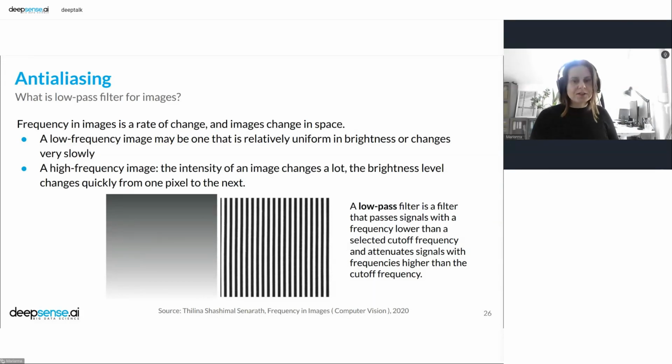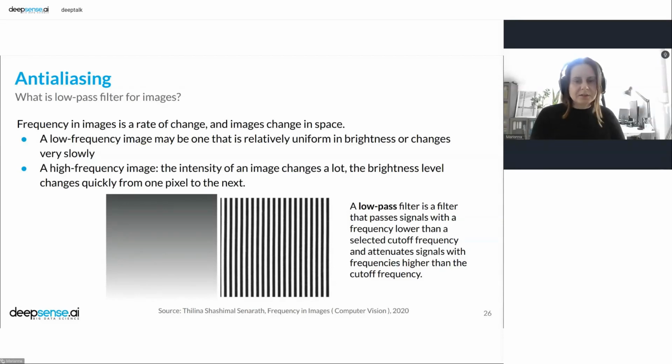Frequency in an image is a rate of change in space. So a low frequency image may be one that is relatively uniform in brightness and changes very slowly, like this left image. And a high frequency image has a lot of change; the intensity of the image changes quickly from one pixel to the next.